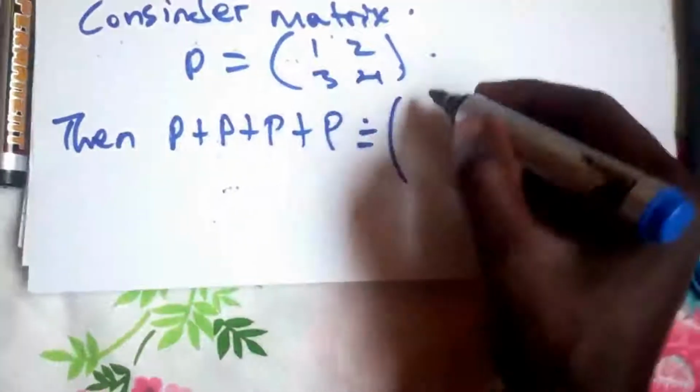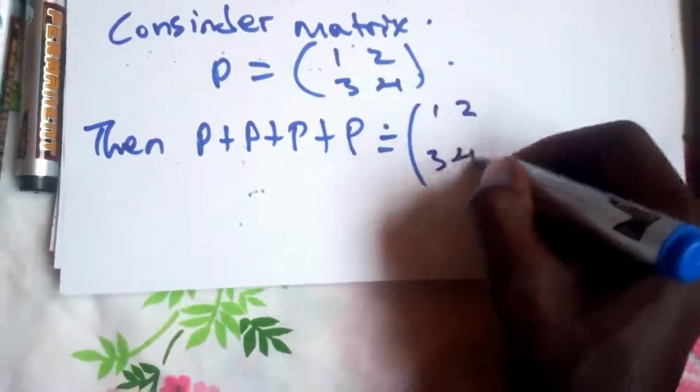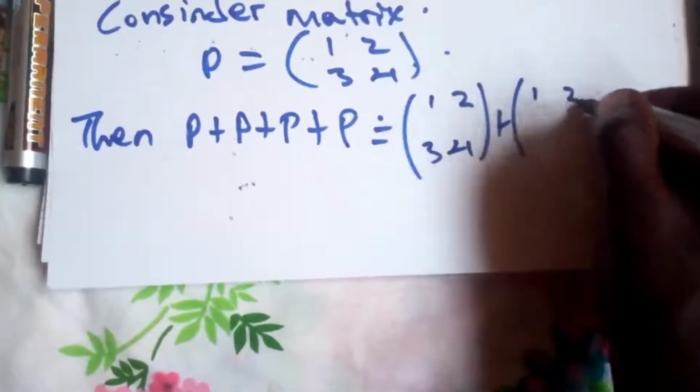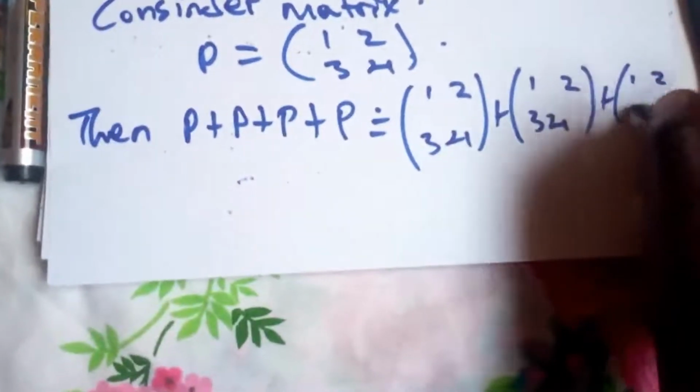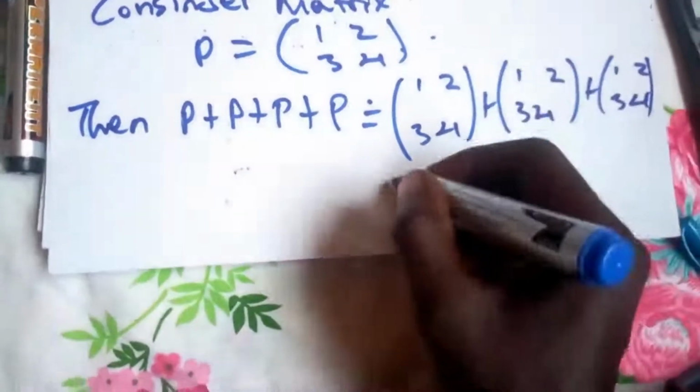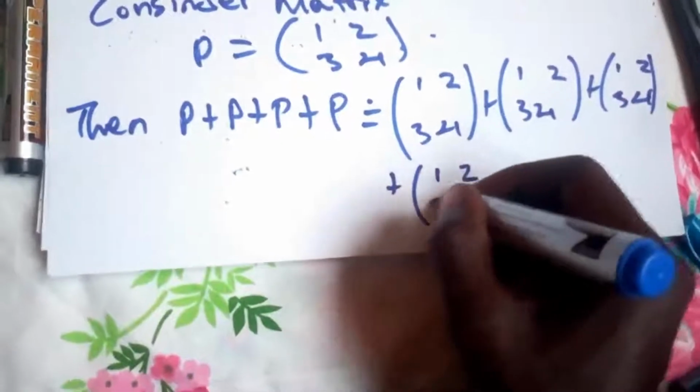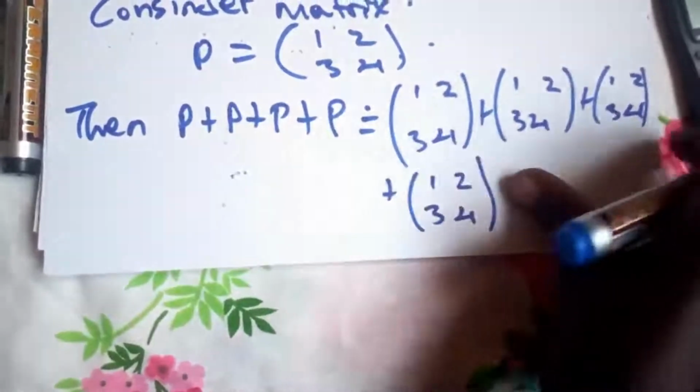So meaning I'm going to have 1, 2, 3, 4. I add also 1, 2, 3, 4. I also add 1, 2, 3, 4. I also add 1, 2, 3, 4.